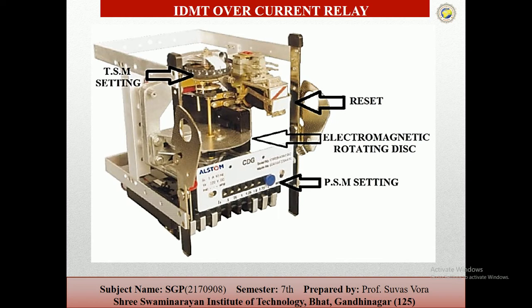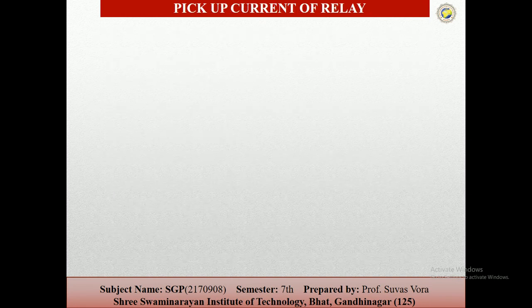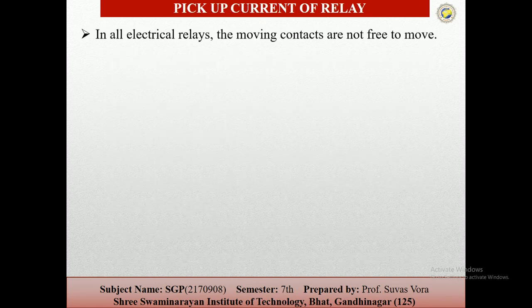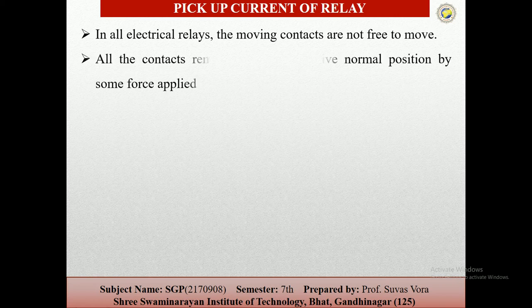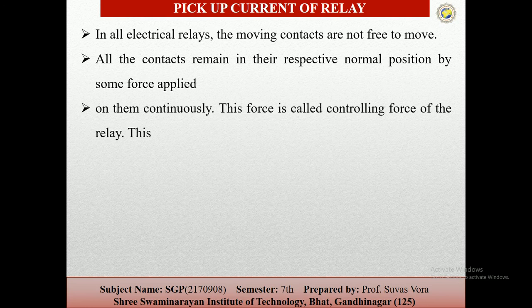सो पिकअप वैल्यू मीन्स दैट in all the electrical relays the moving contacts are not free to move, so all the contacts remain in their respective normal positions by some force applied on them continuously, and this force is called the controlling force of the relay.